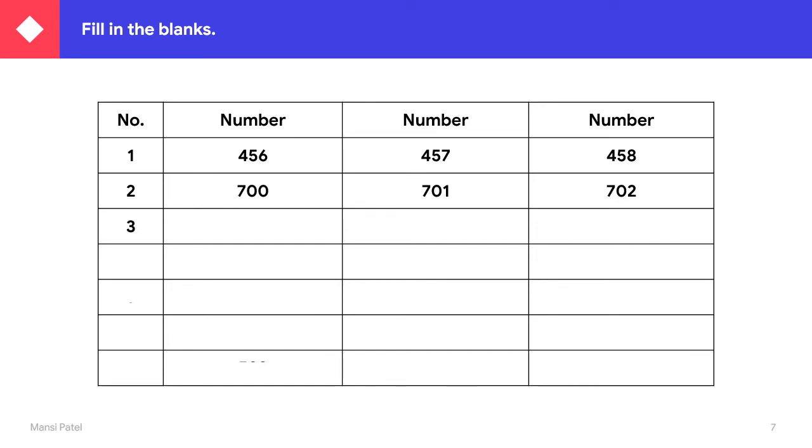Now number 3. Your number is 890. And before that 890, both boxes are empty. So in both boxes, you have to write down the predecessors. Predecessor means before number.